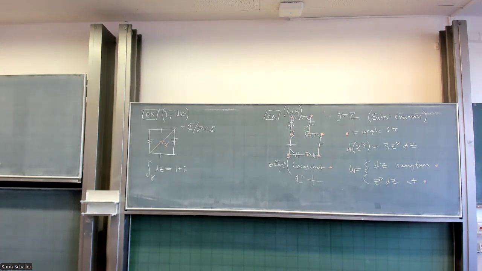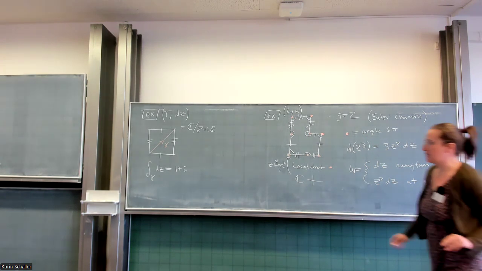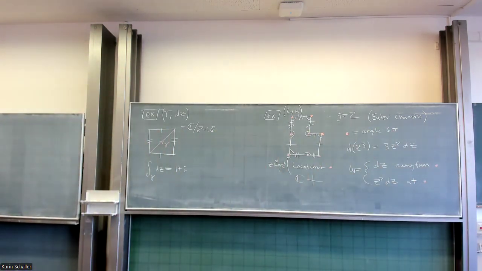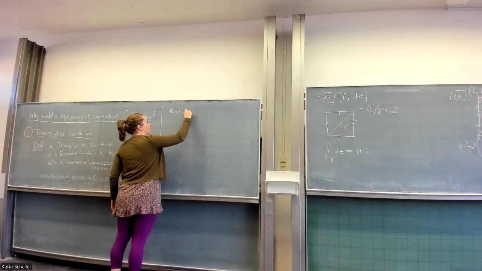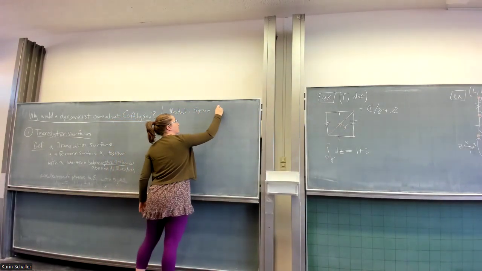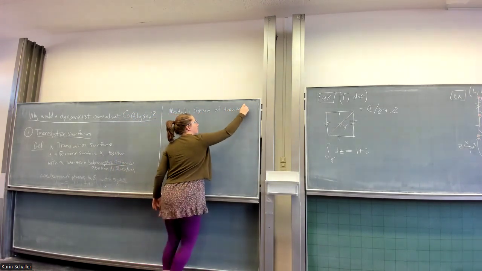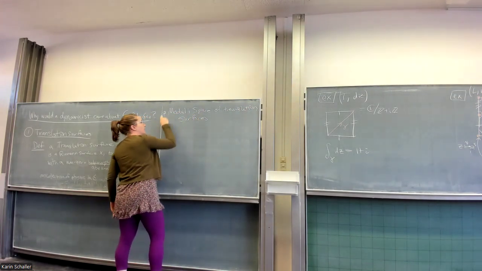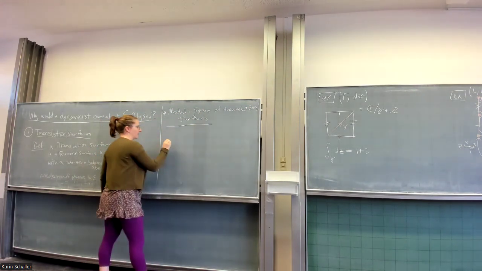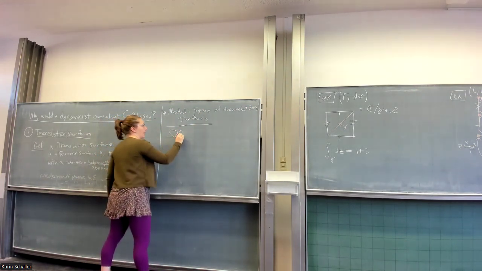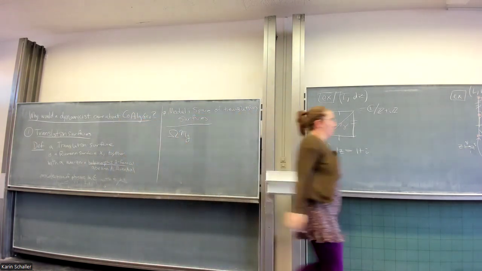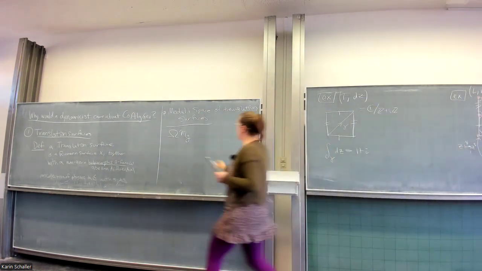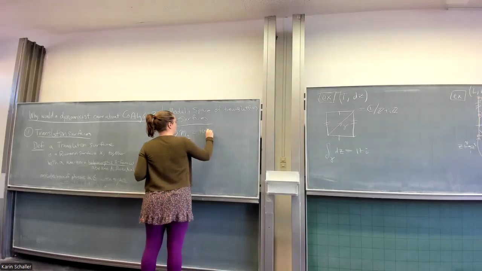Okay, so now I want to look at the moduli space of translation surfaces. When I'm looking at the moduli space of translation surfaces, this is going to be omega M_g, where omega M_g is the Hodge bundle.